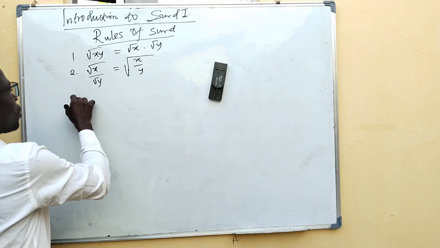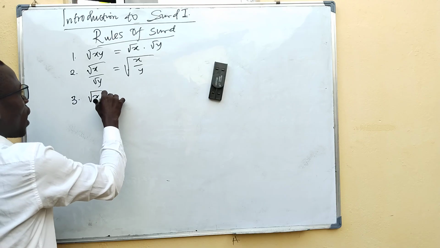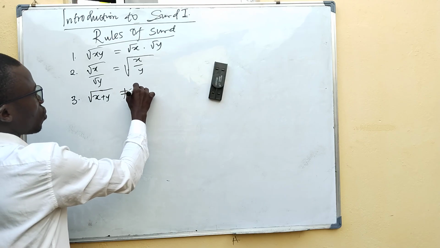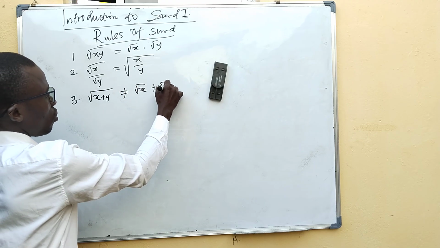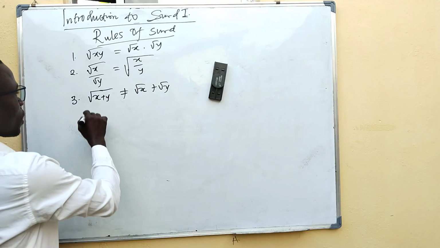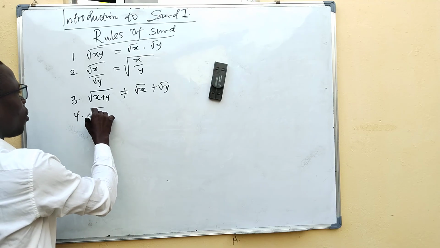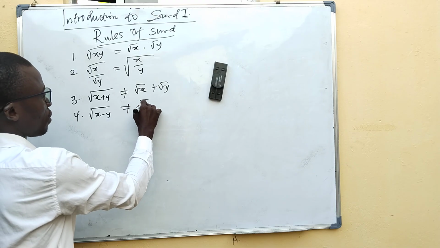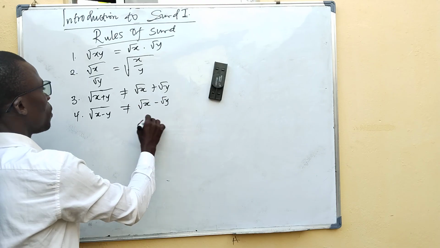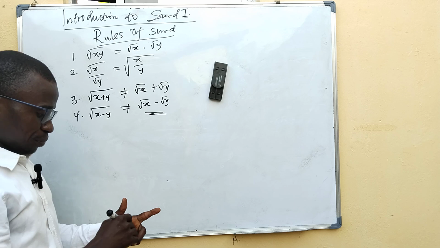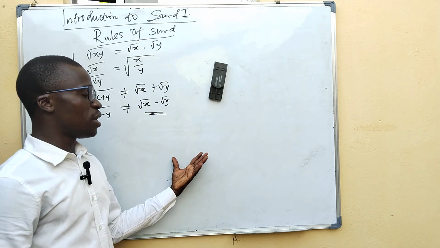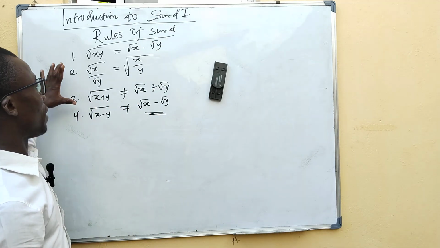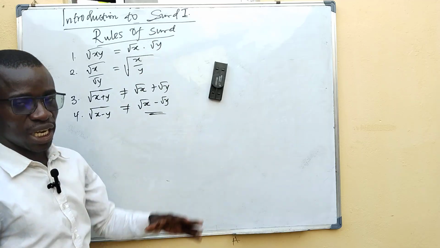But square root of x plus y will not give us square root of x plus square root of y. Please take note. Then square root of x minus y will also not give us square root of x minus square root of y. These are the rules we will be applying in solving surds in detail.